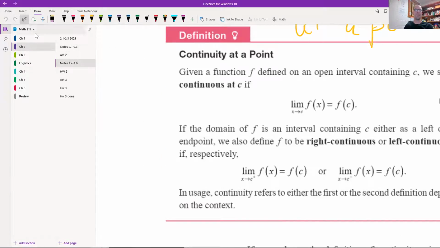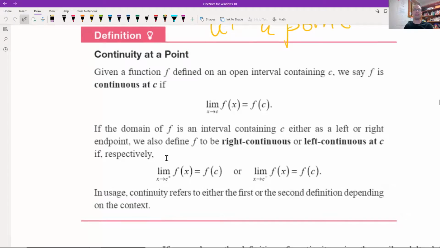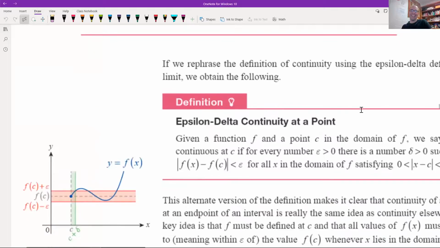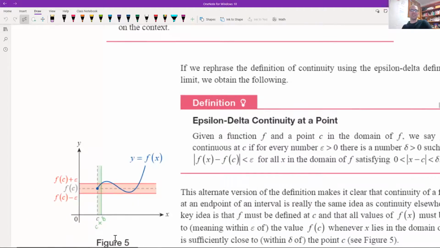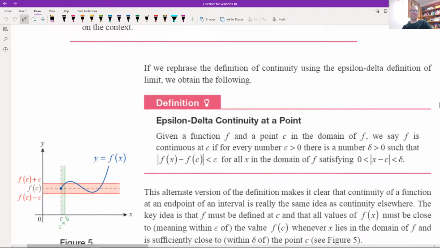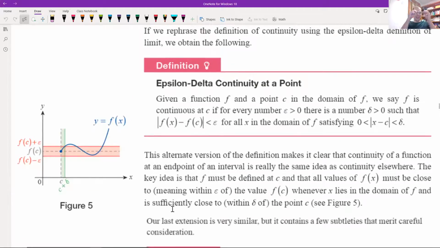Going back here. So right-hand continuity, left-hand continuity, cool. Going back to continuity in terms of delta and epsilon, don't worry, I'm not going to focus on this too hard in this section, but I wanted to point out that the only difference here from the delta epsilon definition that we've seen before is the fact that we have f of c right here in place of L in the entire definition.